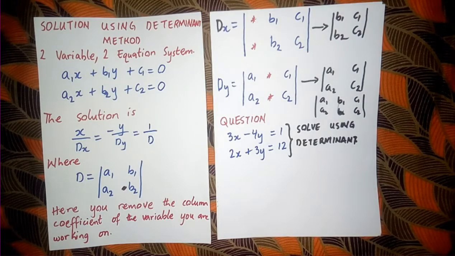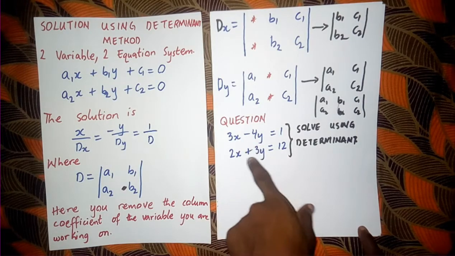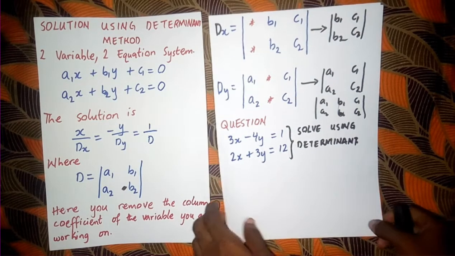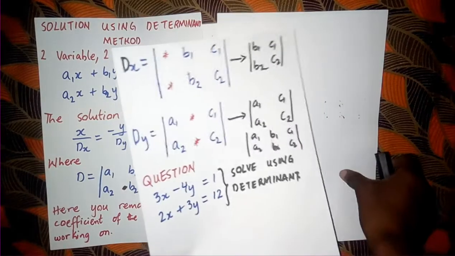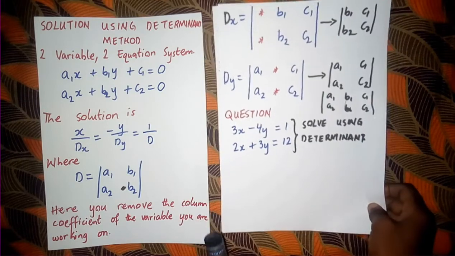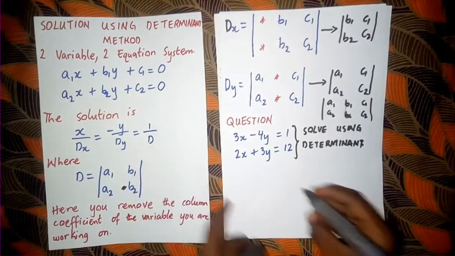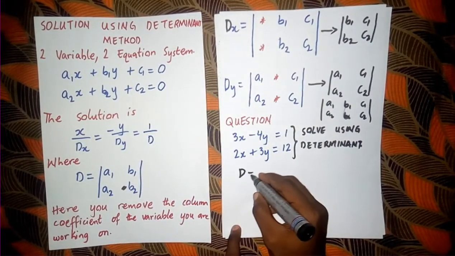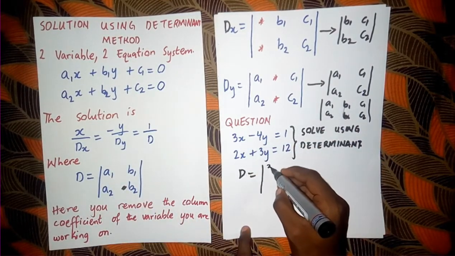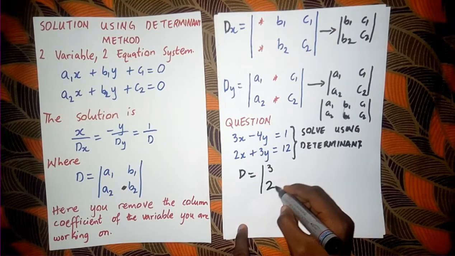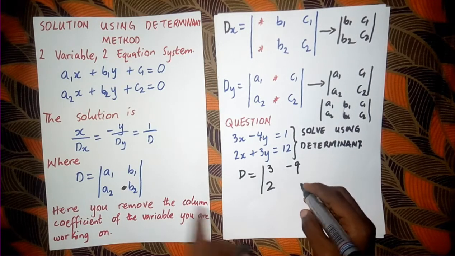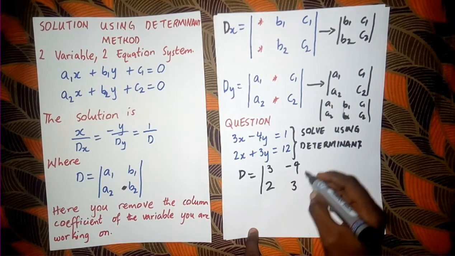Okay, so solving 3x plus 2y minus 4y, we are solving this using determinant method. Our first aim now is to find our d. This is equal to the determinant of a1, which is 3, a2 is 2, b1 is minus 4, and b2 is 3.